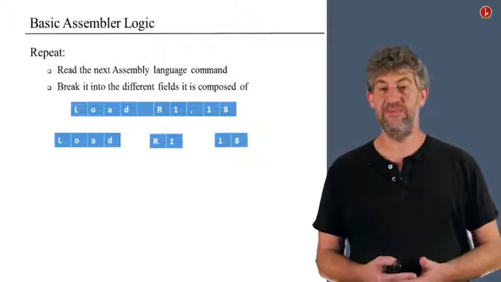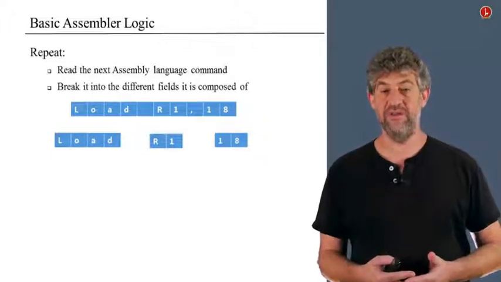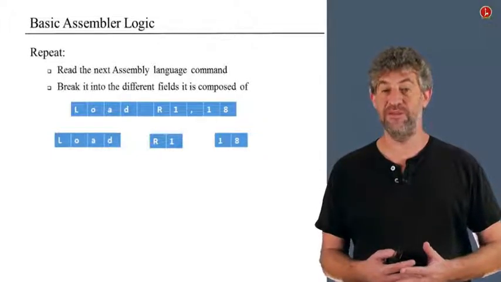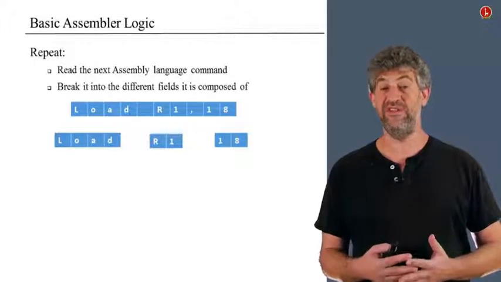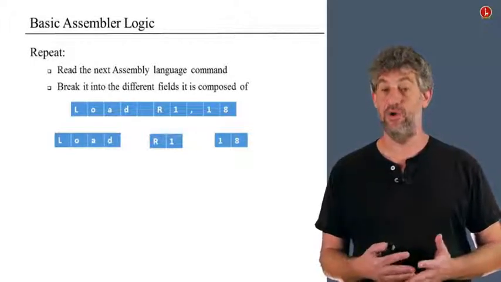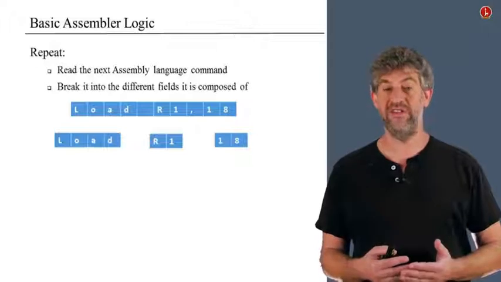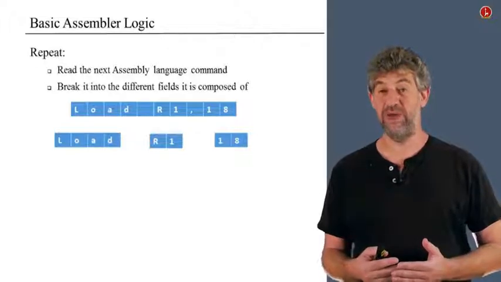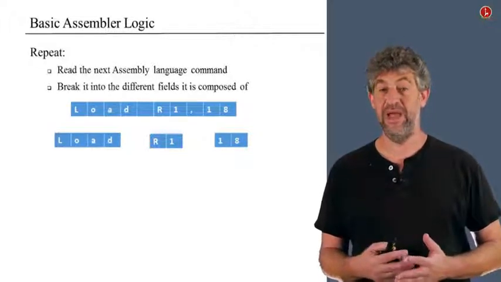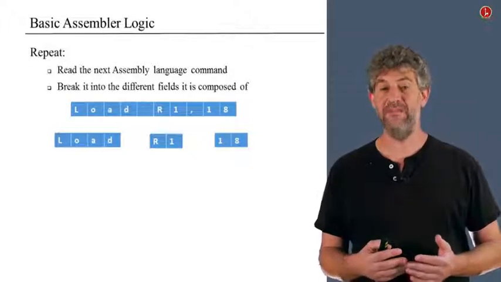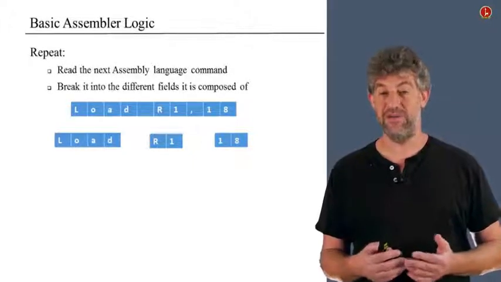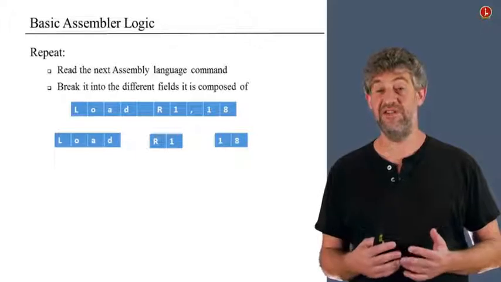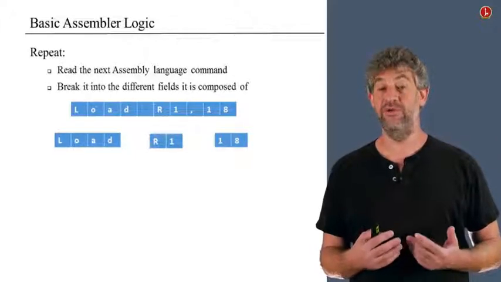So the next step is taking this string of characters and breaking it into its different parts. When we look at it, we see that the different parts of this command are: load, the first part; R1, the second part; and 18, the third part. Each one of them has meaning. There's also a space and a comma, but these are not really the interesting parts of the command, but rather just syntax which helps us break and understand what's written.